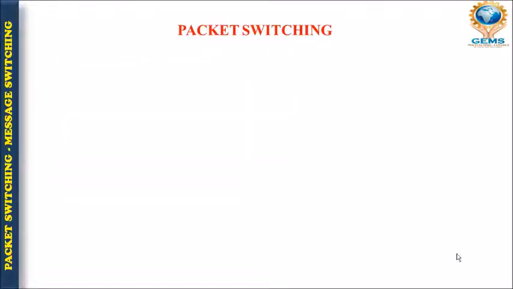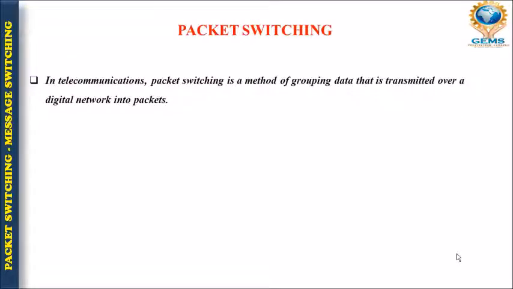So let us start with the first topic: what do you mean by packet switching? In telecommunication, packet switching is a method of grouping data that is transmitted over a digital network into packets. The information is being transmitted in the form of packets here.